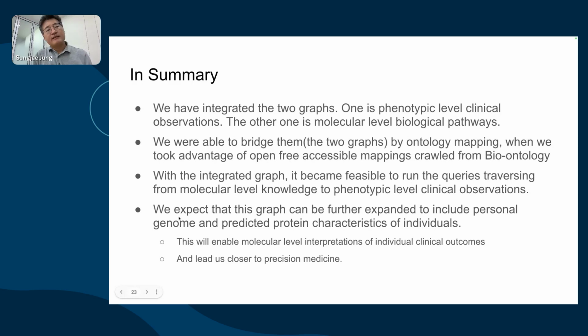We expect this graph can be further expanded to include the personal genome and predicted protein characteristics, and this will enable molecular-level interpretations of individual clinical outcomes, which can lead us closer to precision medicine.